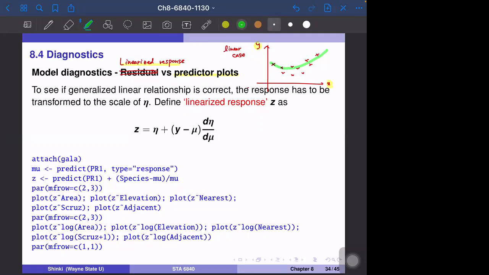So the point is that we still would like to have the predictor value x on the horizontal axis, but on the vertical axis we would like to have something, I would say z, so that if the linear relationship is correct, then points are along some straight line.